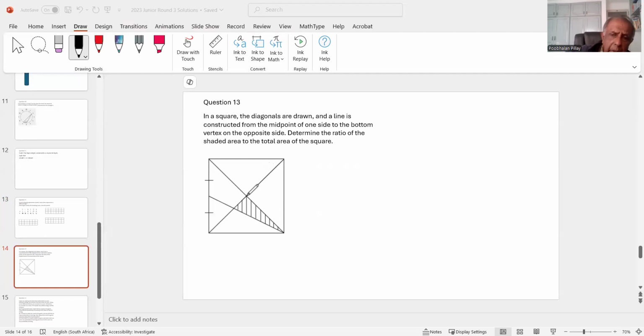But for one thing, I do know that when you draw the diagonals of a square, you will create four triangles, all these triangles are the same. They intersect at 90 degrees, 45, 45, 45. They're all congruent, so they all have the same area, and they are exactly the same right angle triangle.